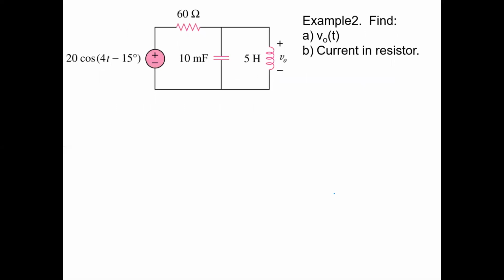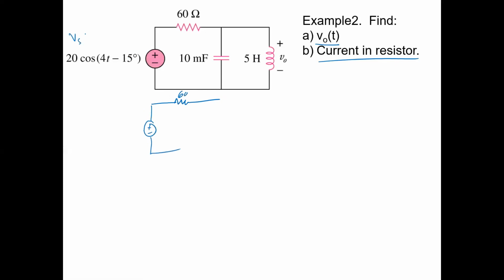So here's the problem. We're asked to find VO of t and the current in the resistor. We've got to draw the circuit in the phasor domain first. Every time we draw the circuit, we're just allowing ourselves to look at this with DC techniques. Yeah, we've got a sinusoid here.